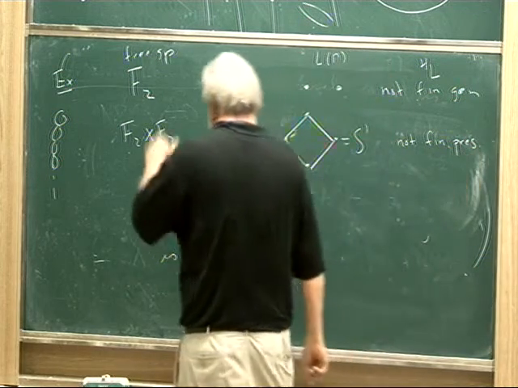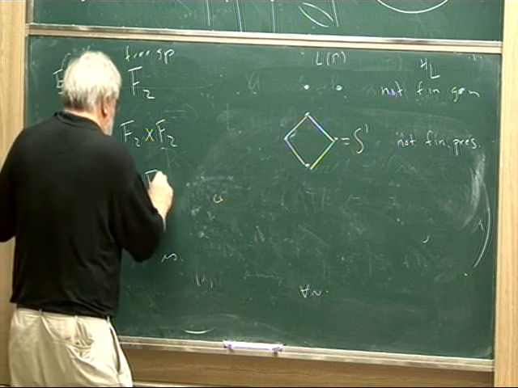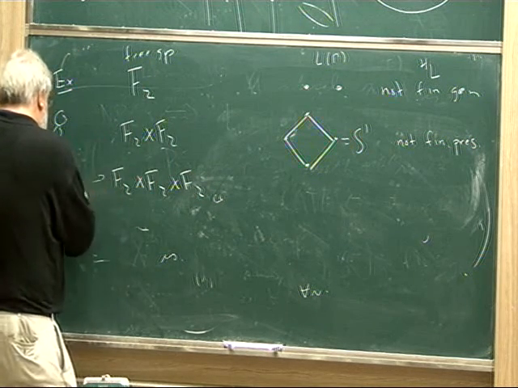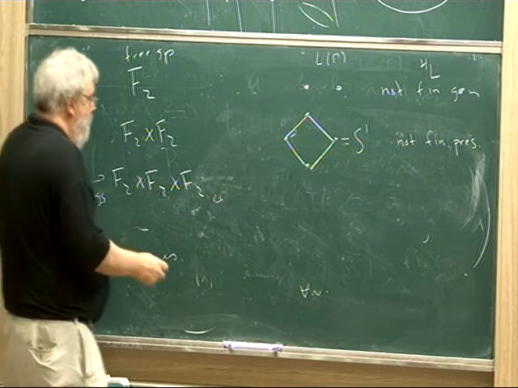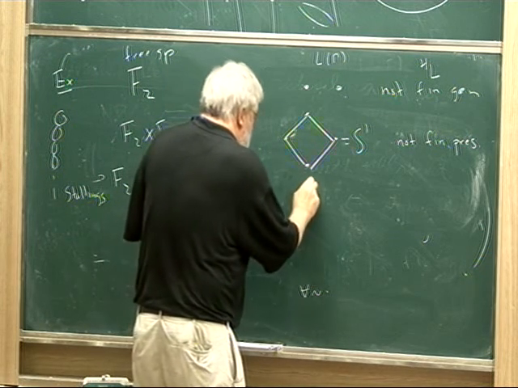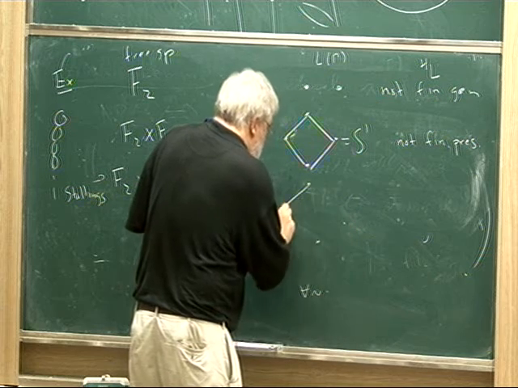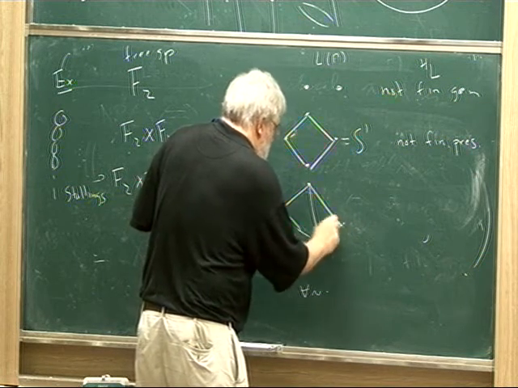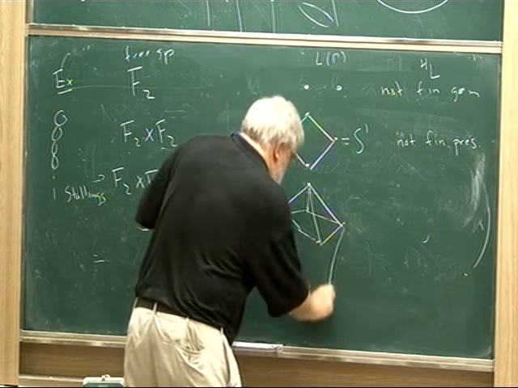And then the third example is actually I think where they started, these two were probably known, but this is an example due to Stallings, who said by more or less the same argument that if you take the product of three F2s, then you get the join of 2 points with itself 3 times, you get the boundary of an octahedron.